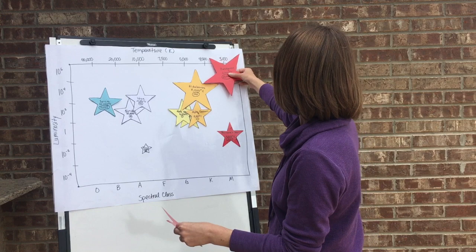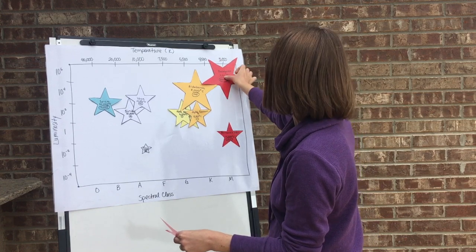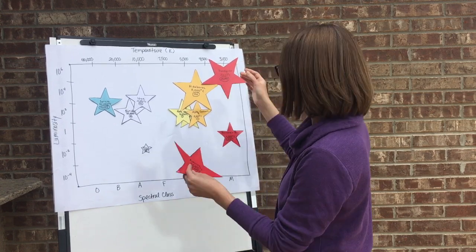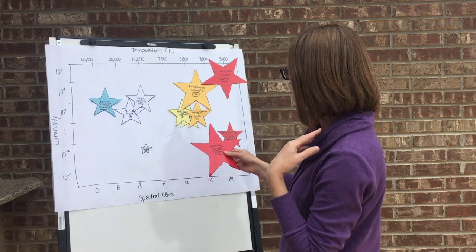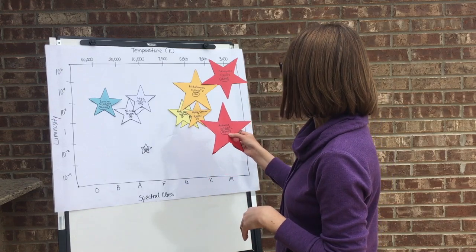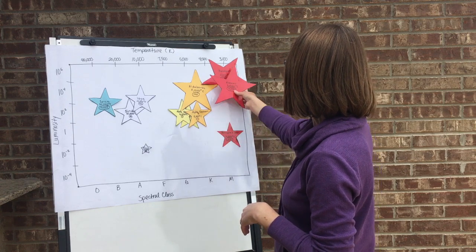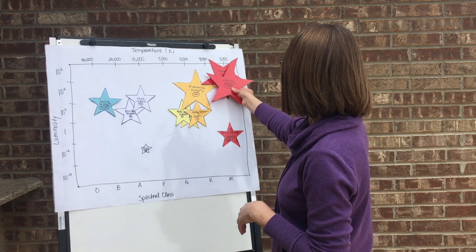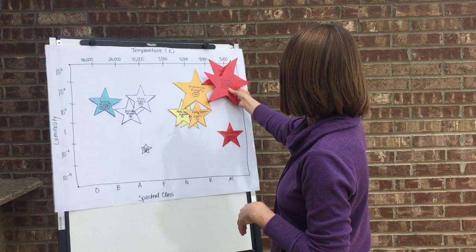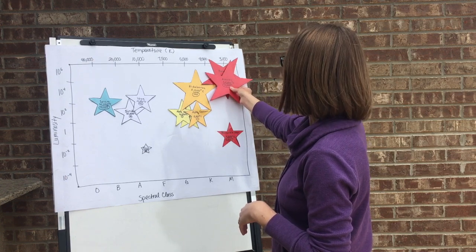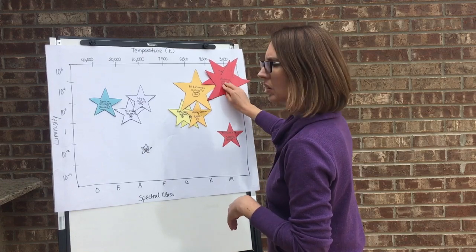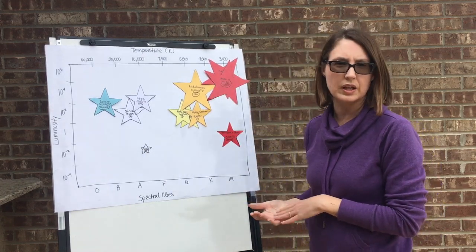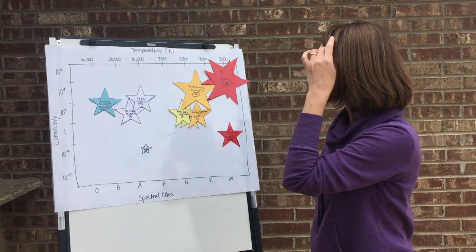So it goes about here. And Antares' temperature is 3,000, and its luminosity is 10,000. So it's the same temperature as Betelgeuse and Barnard's star, but it is a little less luminous than Betelgeuse. And those are all the stars that I got together to put on our graph.